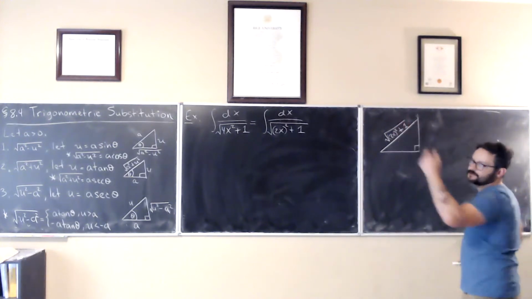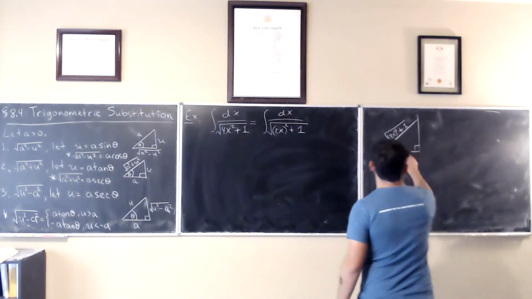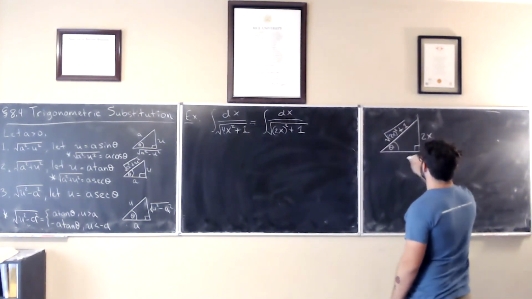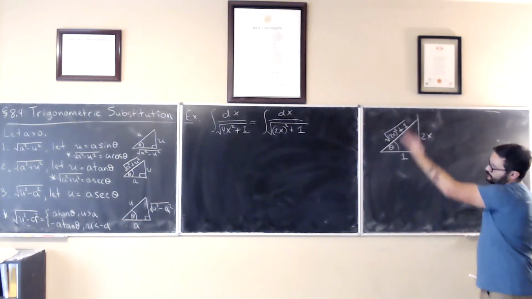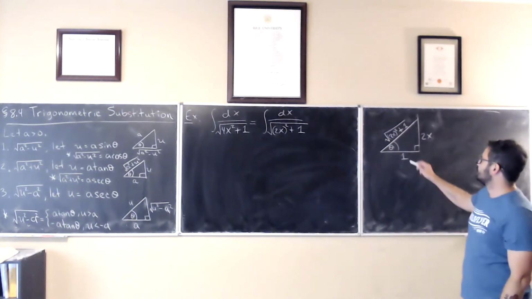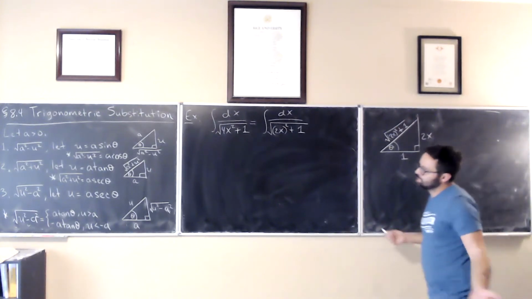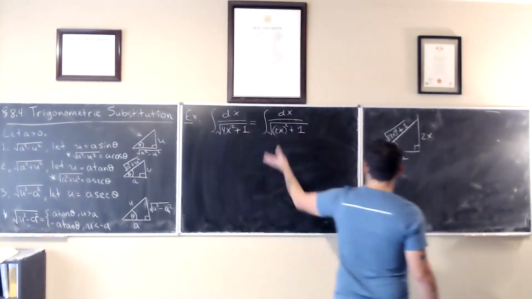And 1 is like 1 squared, right? So then if you make this your angle here, then you can say that this is like 2x and this is 1. And then everything works out. That squared plus that squared is equal to that squared, right? So it matches up.